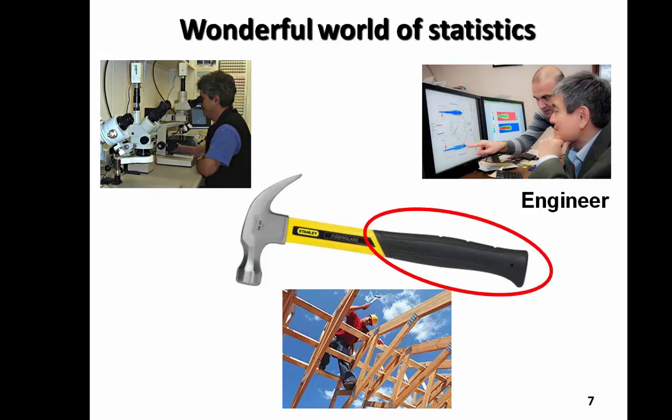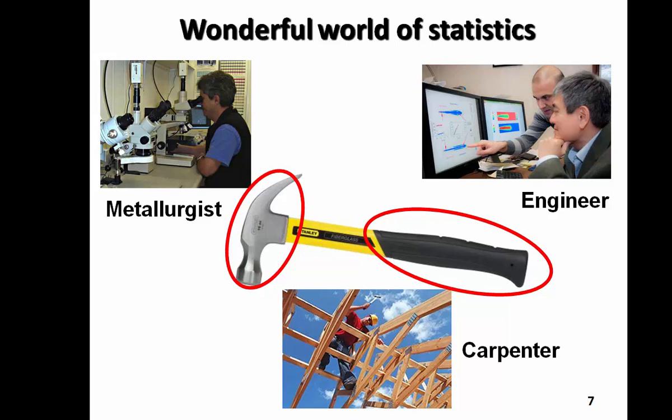So in this example here, we see a basic hammer. The engineer would view the hammer from the perspective of designing a better handle to reduce the possibility of overuse injuries. The metallurgist, viewing the hammer, might be interested in selecting a material that would make the head of the hammer sufficient for repeated use.